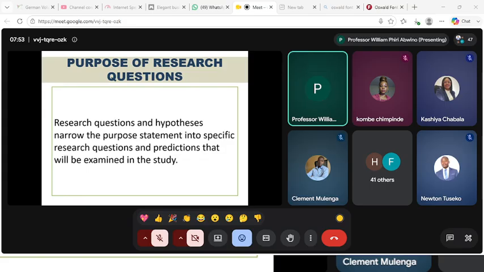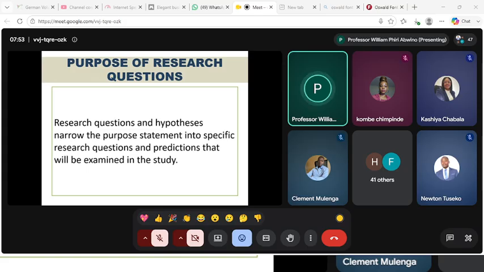What do we mean? You break the research title into smaller tasks, and if you carry out and implement those smaller tasks, it means that you are addressing your main research title.